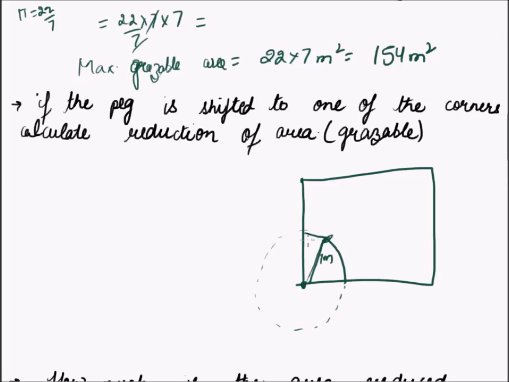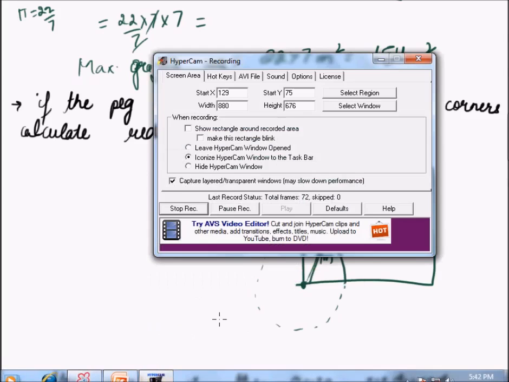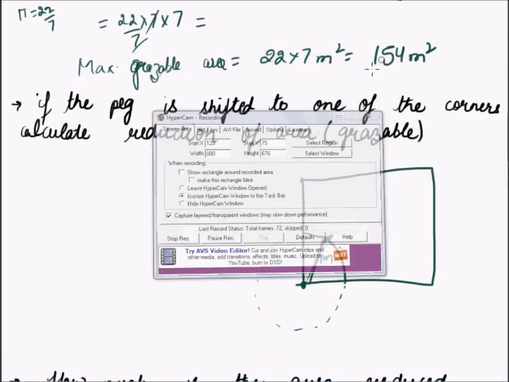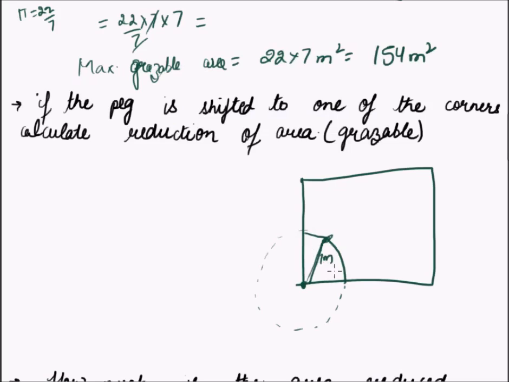So the available grass is only in this portion, and this portion is deprived of grass. So as a whole, we have to calculate this area. Now we know that this angle in case of a square is 90 degrees.